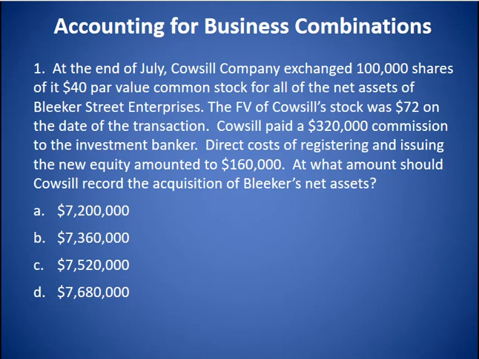Cowsill paid a $320,000 commission to the investment banker. Direct cost of registering and issuing the new equity amounted to $160,000. So the question is, at what amount should Cowsill record the acquisition of Bleecker's net assets?